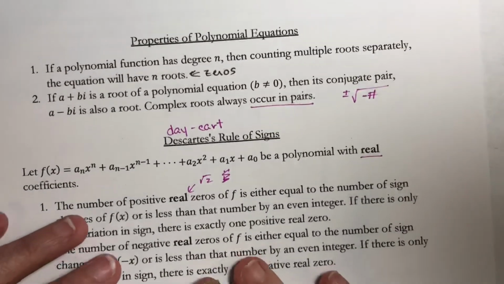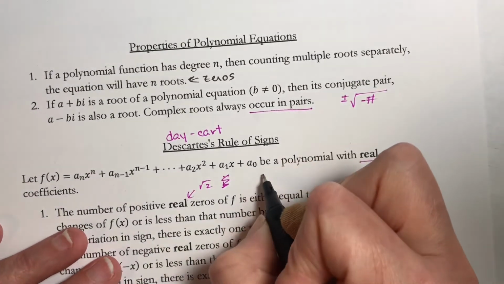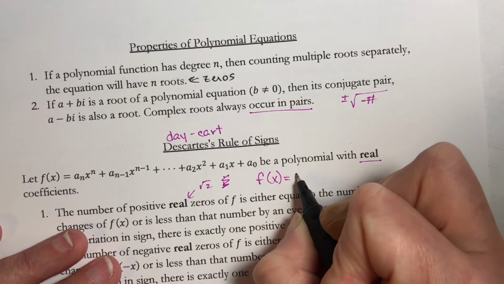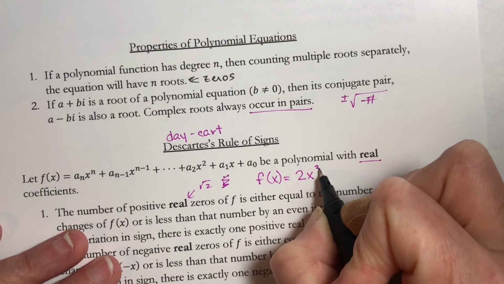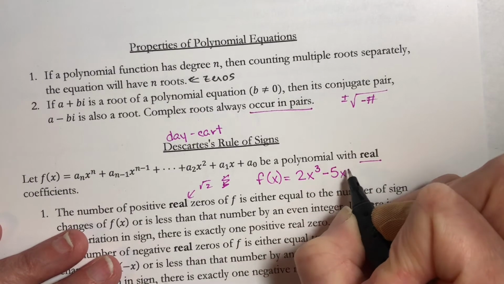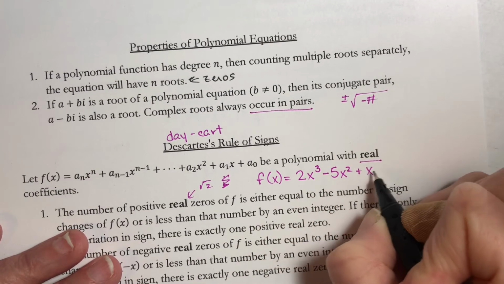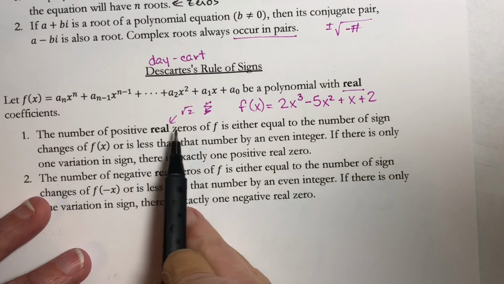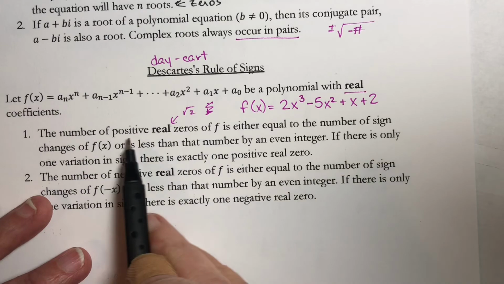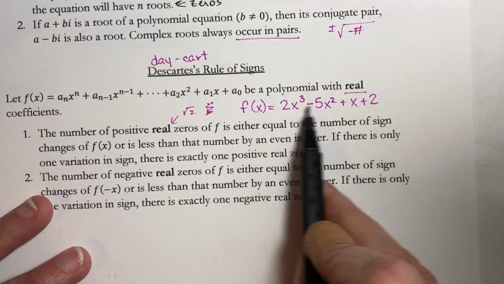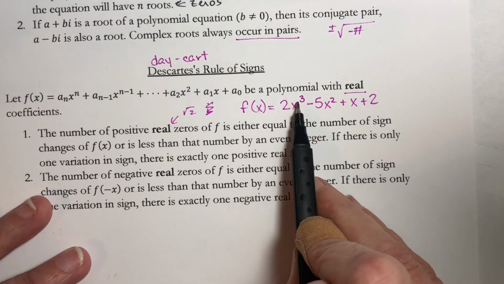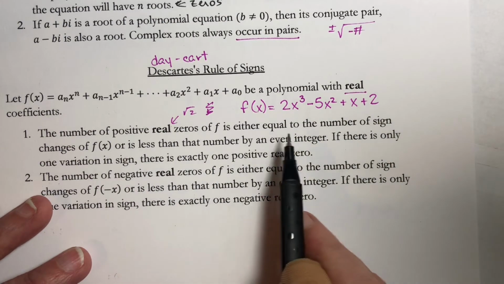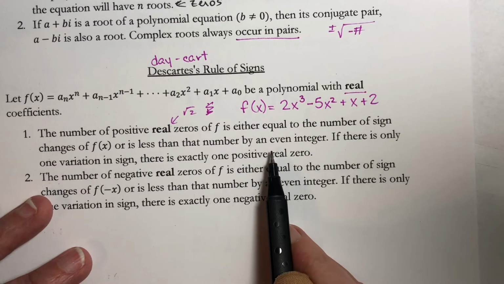By sign changes, I'm going to come back up. I'm going to rewrite the problem we did at the top of this page. We had f of x equal to 2x cubed minus 5x squared plus x plus 2. To find the number of positive real zeros, we look at just plain f of x, and we want to make sure that our powers go down, and then we count the number of times that our sign changes.